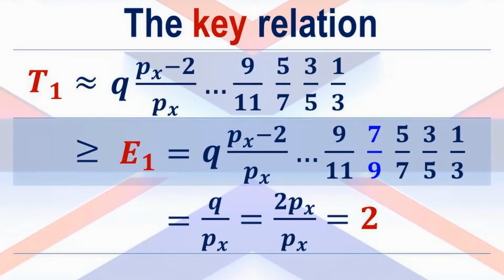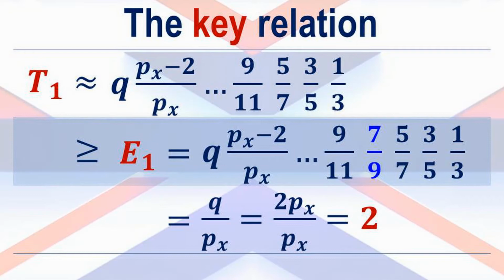The key relation shown on the screen is much simpler than for the Goldbach conjecture, no tiresome floor functions, and we can see that yet again T1 is greater than or equal to E1, which is always equal to 2. So T1 must be at least equal to 2. There must always be twin primes, for whatever value of Px you take, all the way up to infinity.